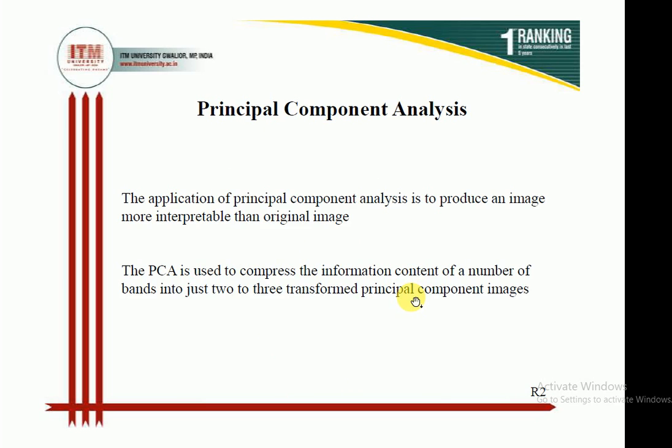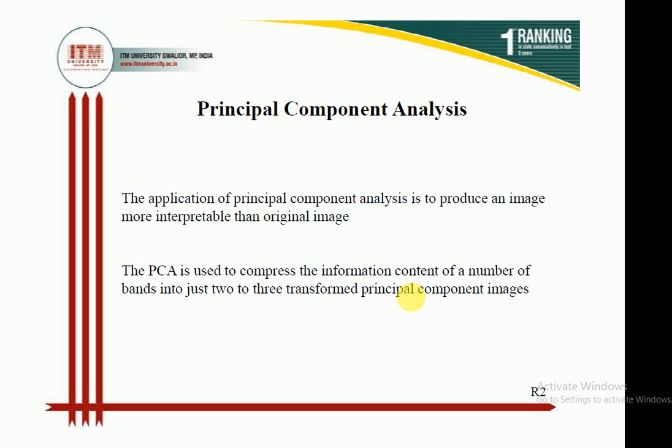Next one is the principal component analysis. The main aim of principal component analysis is to make an image more and more interpretable. That is the main thing of the principal component analysis.